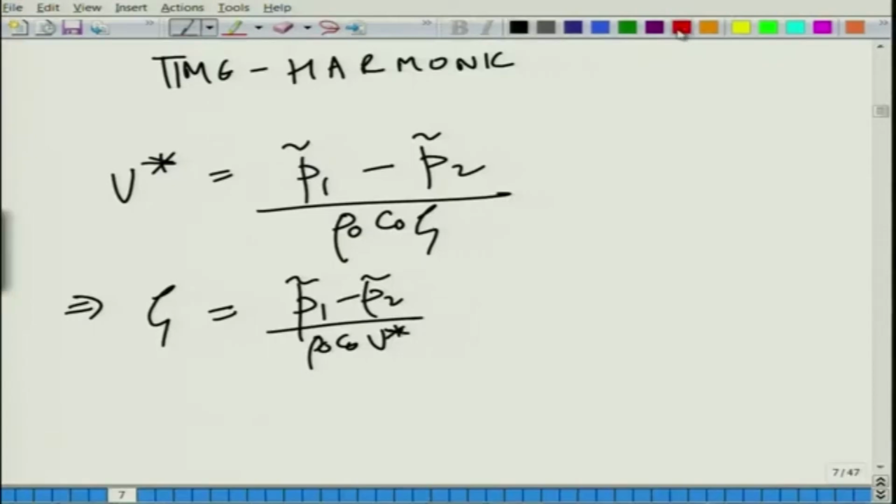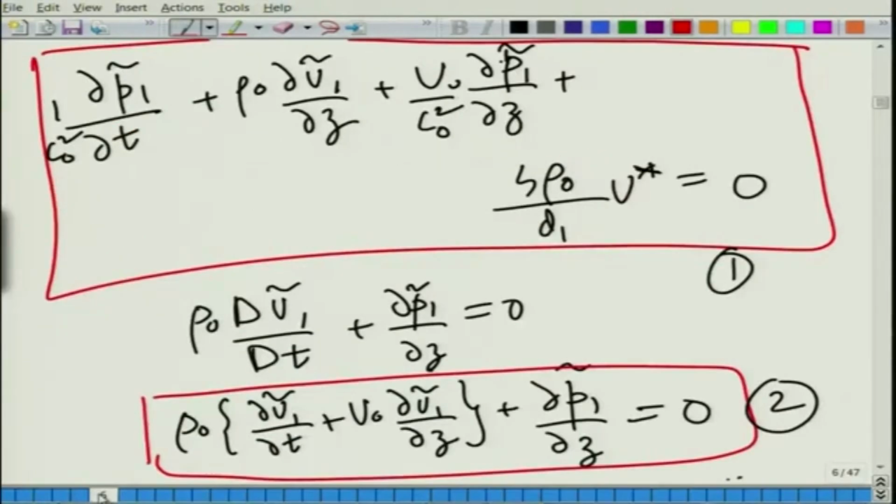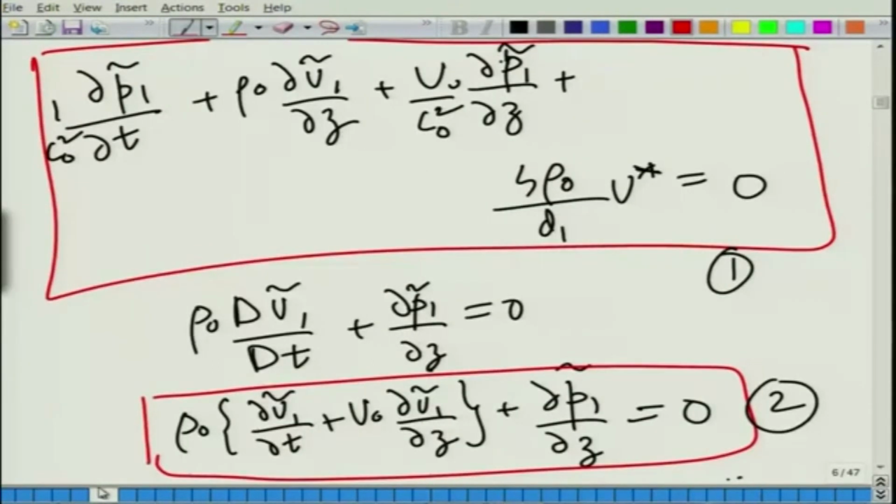Now, let us call this equation 3. Equations 1 and 2 I have already talked about. By insisting time harmonicity and using equation 3 in equation 1, we need to simplify these equations. I have already written down these equations, so how did I get this? Term by term we need to simplify. P1 tilde, insisting time harmonicity, and obviously we need to solve in space.